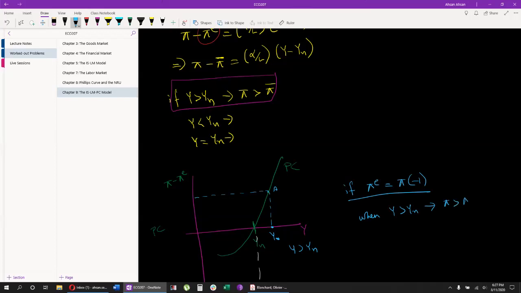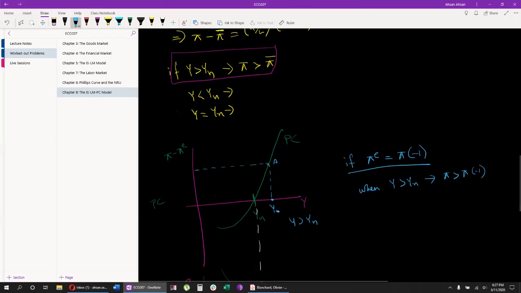Inflation this year is larger than inflation from the previous year.